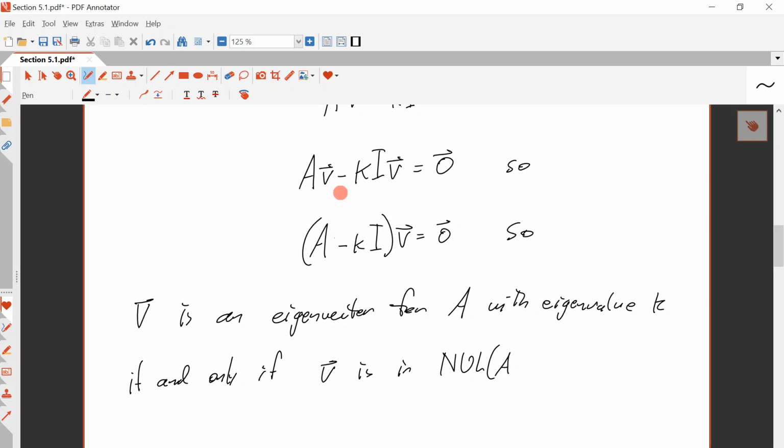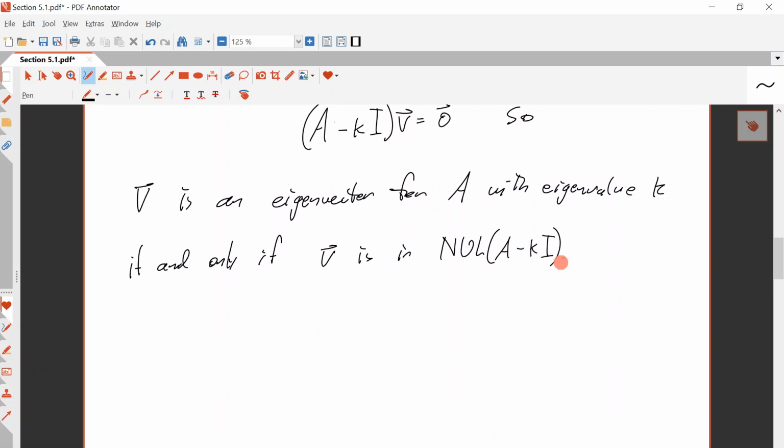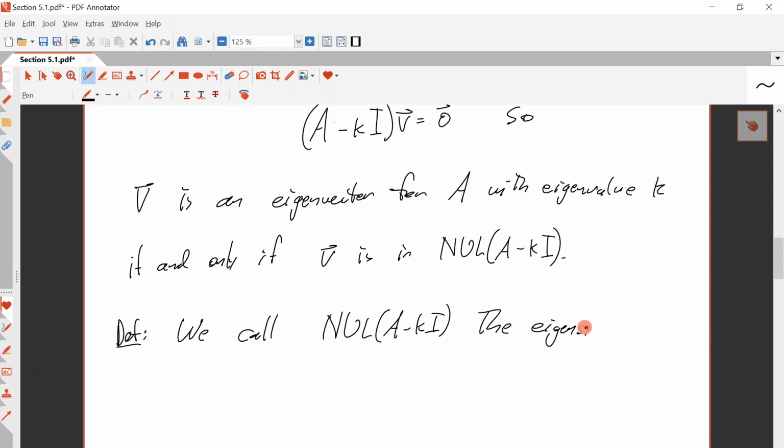So you have the v in both terms, so I factored it out: A minus kI. Alright, so we call the null space of A minus kI the eigenspace for A with respect to eigenvalue k.